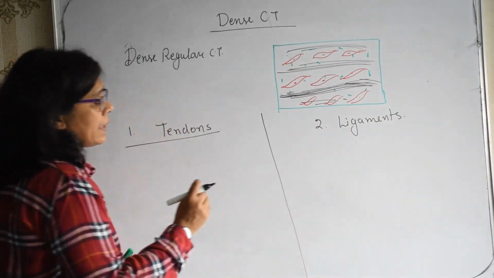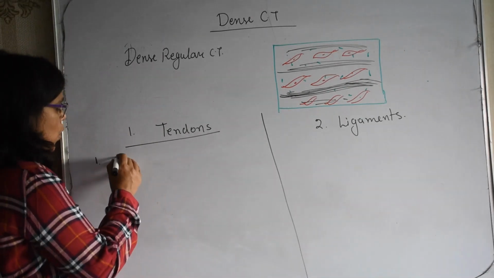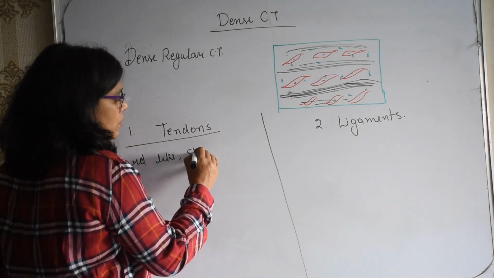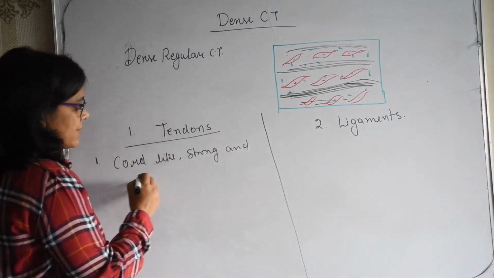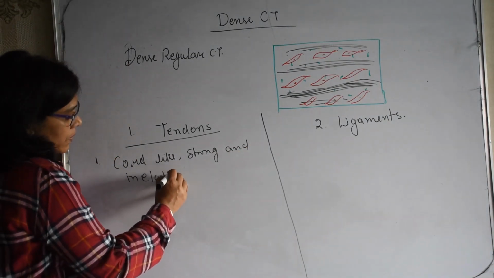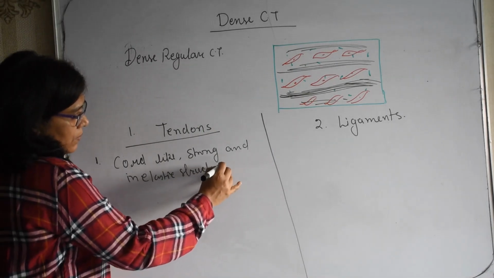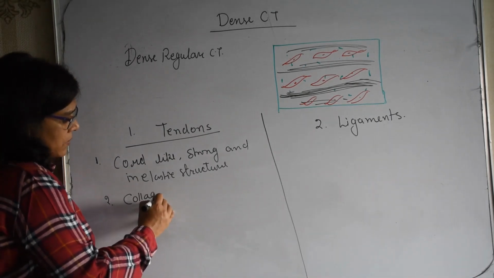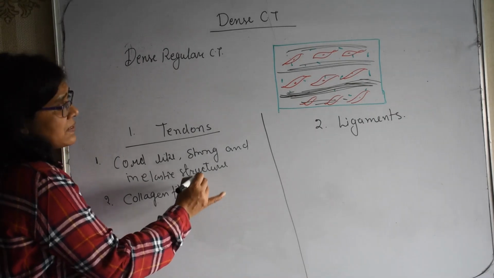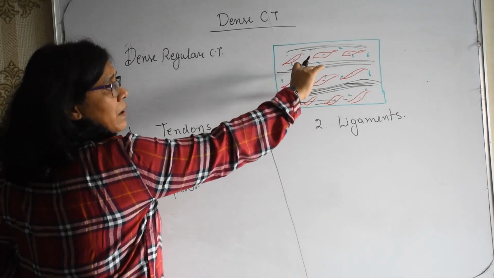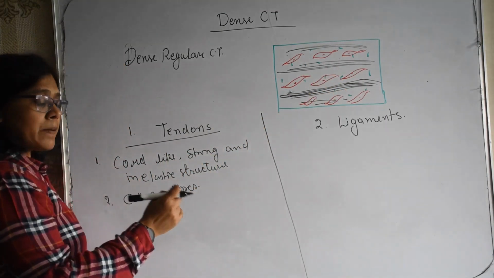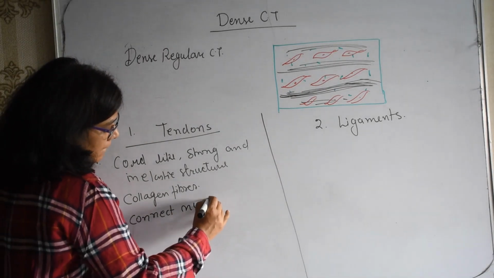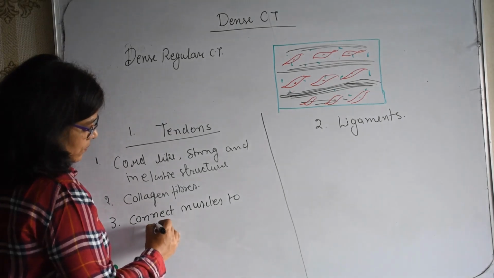Tendons are cord-like, strong and inelastic structures, and the fibers which are present here are collagen fibers, and these collagen fibers are arranged in bundles, and between the bundles rows of fibroblast cells are present. They connect muscles to bone.